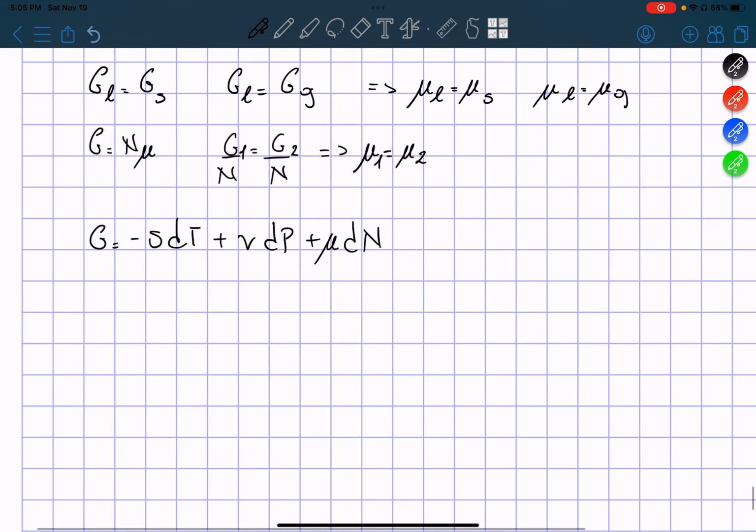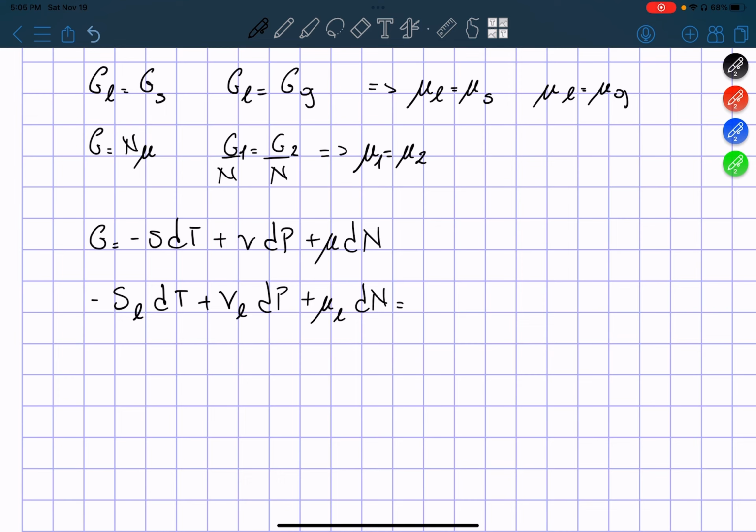So we're saying that the Gibbs free energy for two states are the same. So for example, negative entropy of the liquid times dT, plus volume of the liquid times dP, plus mu of the liquid times dN has to be equal to, again, the Gibbs free energy of, let's say, a gas.